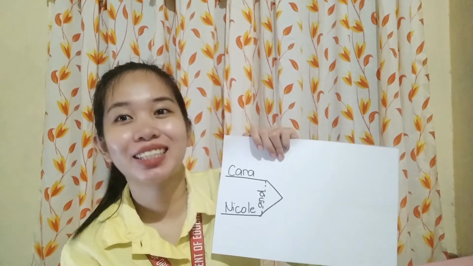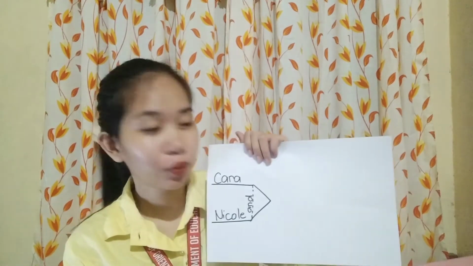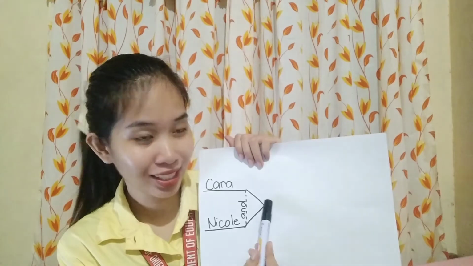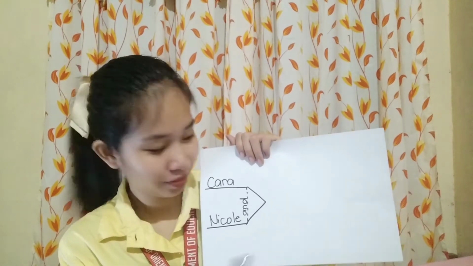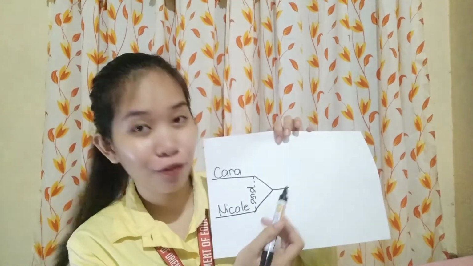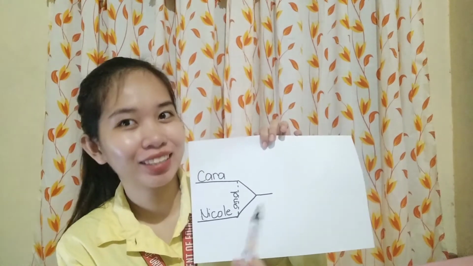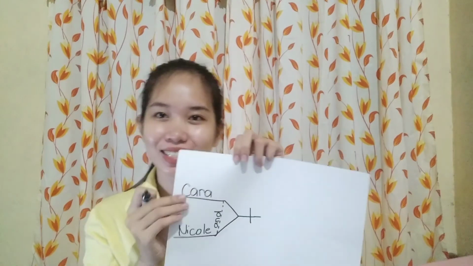And the conjunction used will be written along the dotted line like this. And the next step, we will write a horizontal line in this area like this. And of course, to separate the subject from the predicate, we will write a vertical line that will intersect this horizontal line like this.